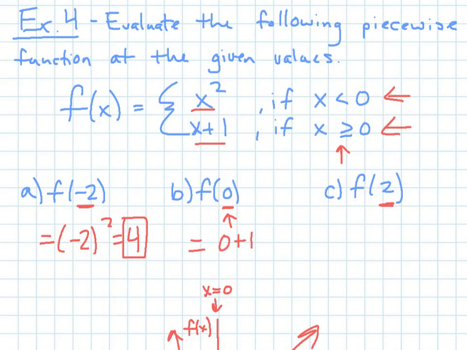So 0 plus 1 gives me 1. And then 2 is greater than 0, so it goes into this one again, so 2 plus 1 gives me 3. So that's the basics of evaluating a piecewise function.